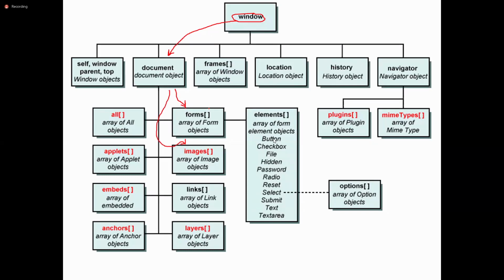Inside forms, again you have elements like buttons, checkboxes, radios and all this. This is the hierarchy of the DOM. HTML presents everything in this hierarchy, so JavaScript can use the same hierarchy to access HTML.